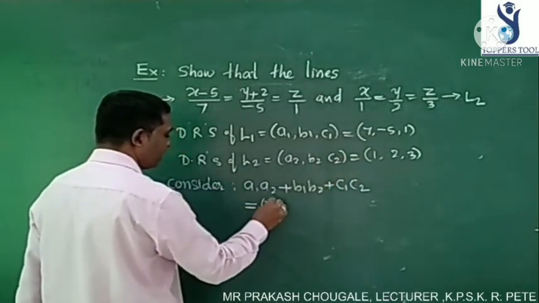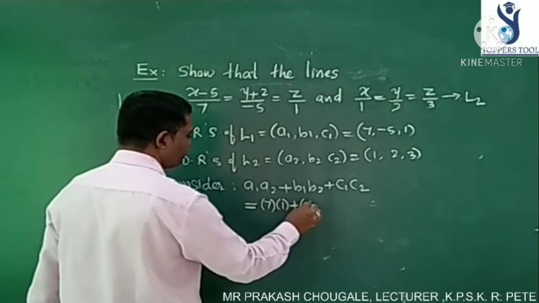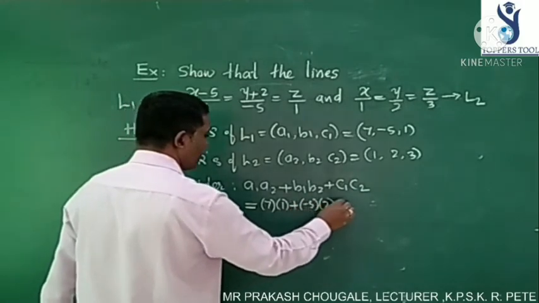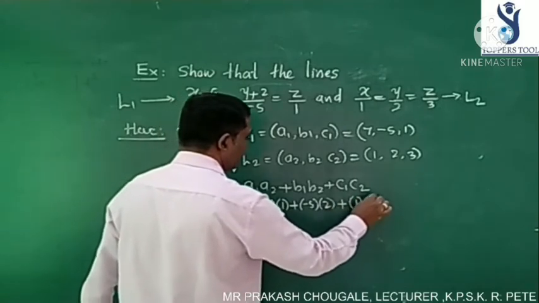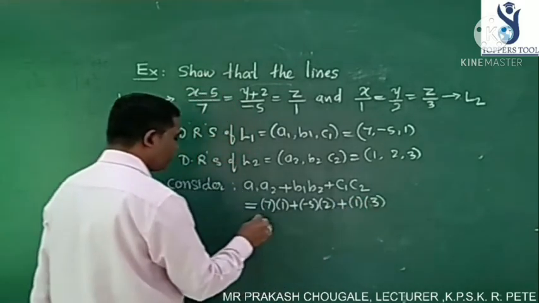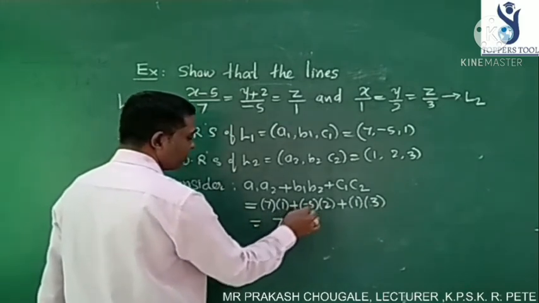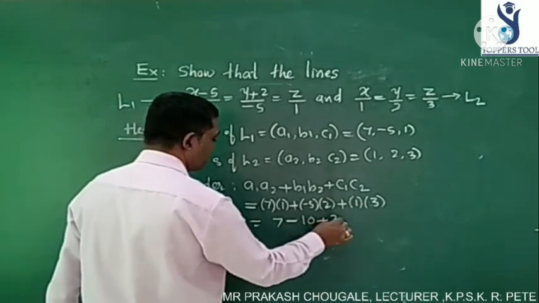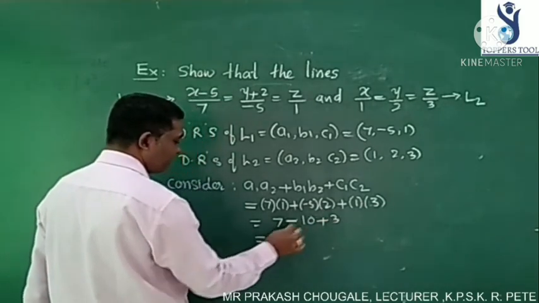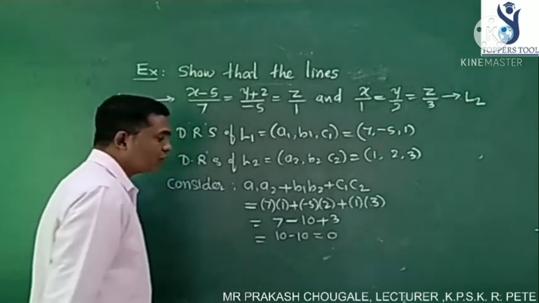Either you can write directly, or those who are average can do it step by step and later on you can do it on your own. 7 into 1 is 7, minus 5 into 2 is minus 10, 1 into 3 is 3, so clearly it is 7 plus 3, 10 minus 10, absolutely it is 0.